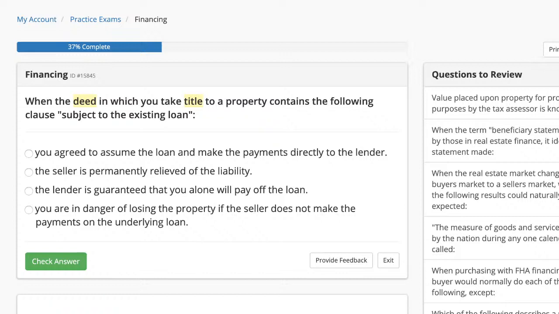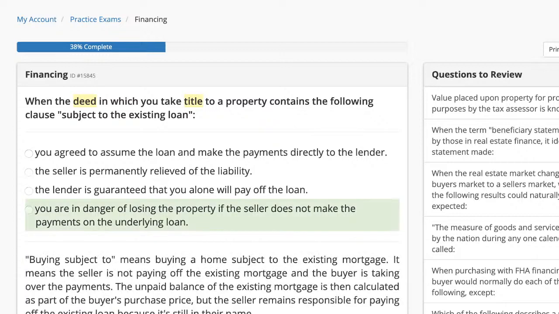Or D, you are in danger of losing the property if the seller does not make the payments on the underlying loan. The answer is D, you are in danger of losing the property if the seller does not make the payments on the underlying loan.